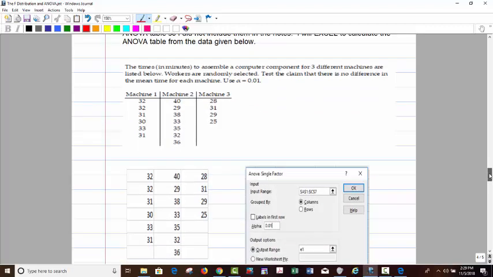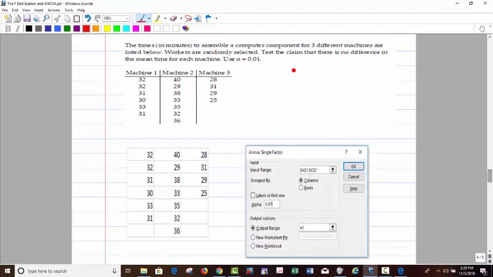You would be given the output. So this is just showing us, suppose someone was testing this process with 3 different washing machines. We're testing the claim that there is no difference in the means for the machines. You can see there are 3 different sample sizes here.